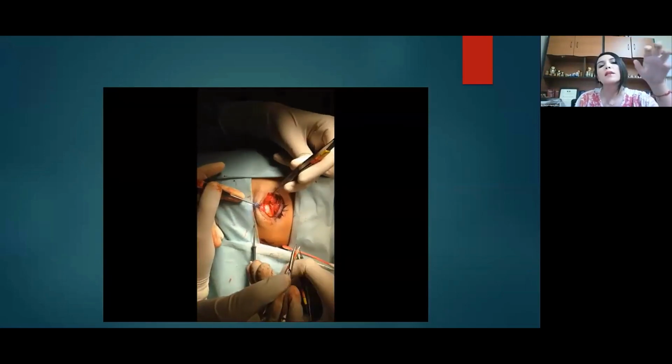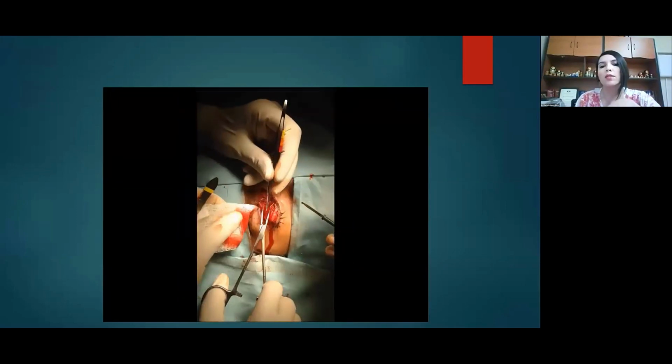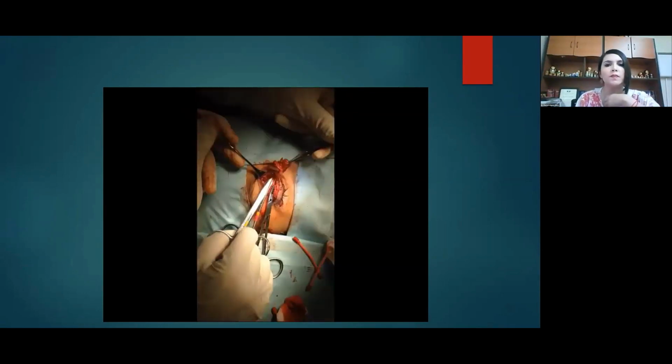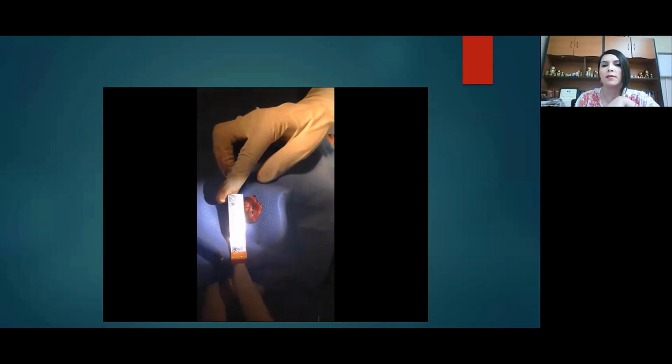And here we are separating the mass. It's almost removed, but we're going to arrive at the principal vessel. We close it, we use the cautery, and then we remove the complete mass.